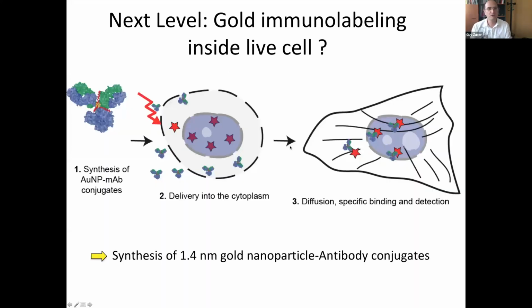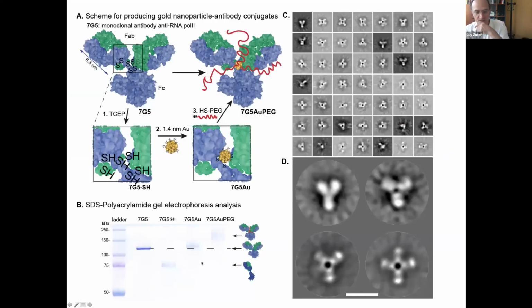The next level we went to is, can we conjugate those gold particles to antibodies? And we tried to do pretty much the same. This has been done with gold particles at 1.4 nanometers. First we tried to link the gold particles at the hinge area here. Again, you can follow the reaction by polyacrylamide gel electrophoresis.